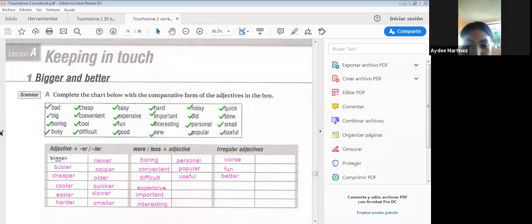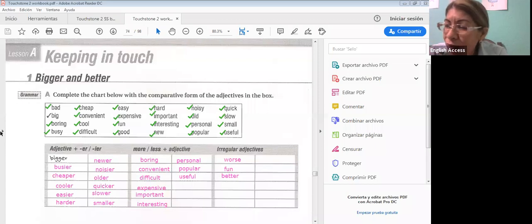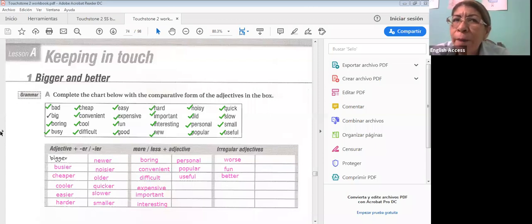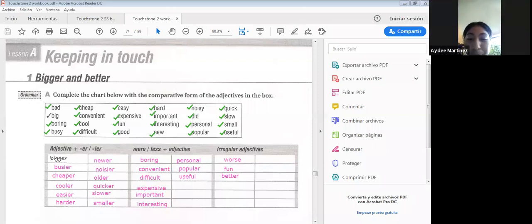Expensive. What is the comparative form? Pay attention to the chart, Aide. What are the words that you need? Remember, Aide, you are going to compare. Pay attention to the chart, to the headings.